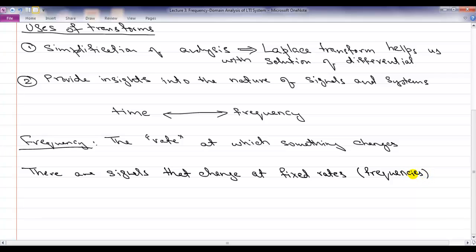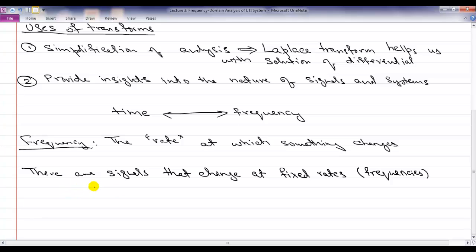And those are the fundamental building blocks if we want to talk about frequencies of any arbitrary signal. So what are those signals? They are periodic signals, and we often associate the term frequency with sinusoids. So those are the fundamental building blocks.